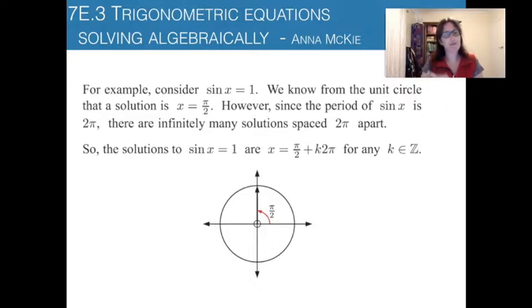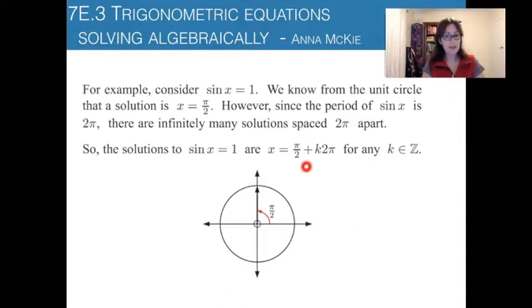Just a refresher in terms of solving, thinking about when sine of x is equal to 1. That means the vertical component is at 1 and that happens at pi on 2. But as we know from the unit circle, it just keeps going round and round. So the period of sine is 2 pi, which means every 2 pi, sine of x is going to be equal to 1.